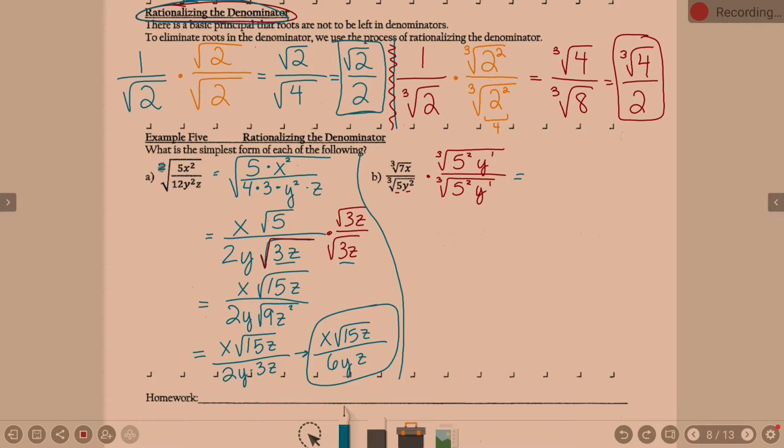Okay, on top. Let's see what we got here. Cube root of 7x times the cube root of 5 squared y. You got a calculator by your side, right? The cube root of 175. Almost. The x, y. Okay, how do you get 175?